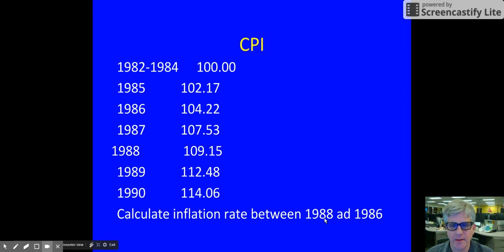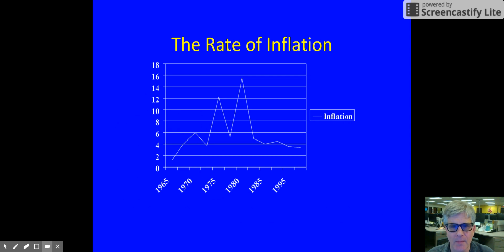So say we calculated 1988, 1998, and 1986. This is the farthest away, this is your base year, and this is the CPI 2. So we take 109.15 minus 104.22, divided by 104.22, times 100, and that's how you calculate inflation. We'll do some samples in class. It's just a little chart showing inflation rate over time.